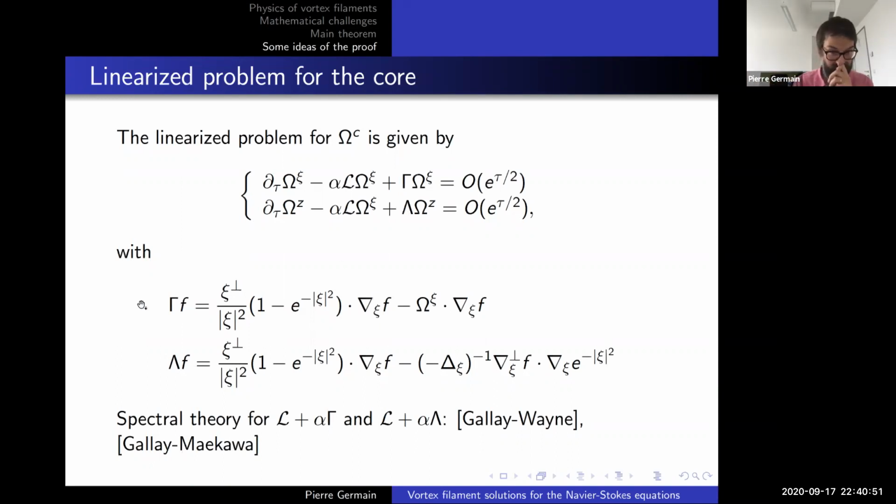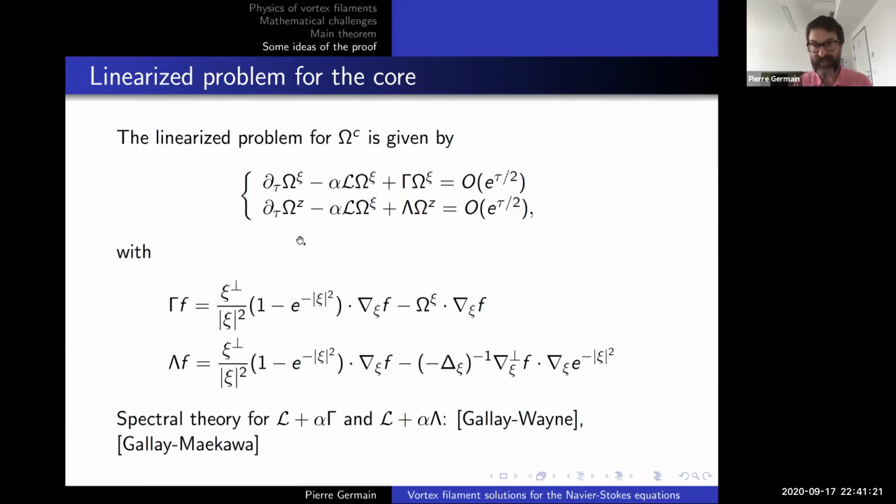Okay, gamma and lambda, they have pretty ugly formulas. So maybe I don't need to enter into that. But the great thing is that they were already analyzed in papers by Gallay-Wayne and Gallay-Maekawa. So we were able to rely on these papers to understand the spectral properties of gamma and lambda.